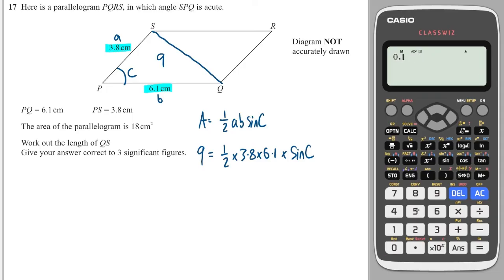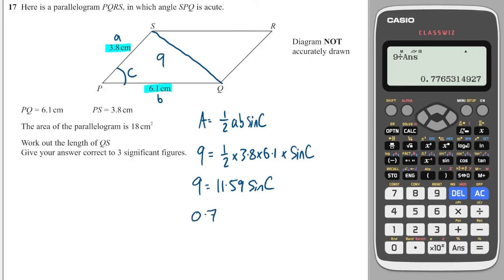I can do some simplifying. A half times by 3.8 times by 6.1 gives me 11.59. So I can write 9 is equal to 11.59 sine of that angle. I can then divide through by that 11.59 and I get a value for sine.